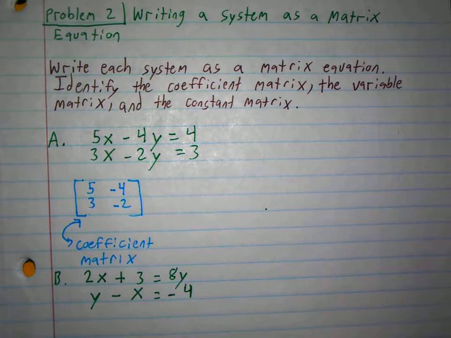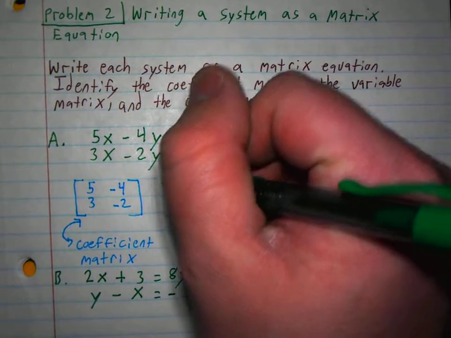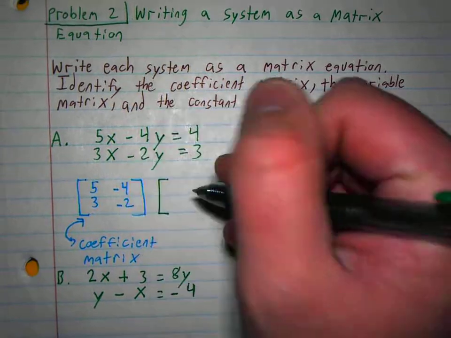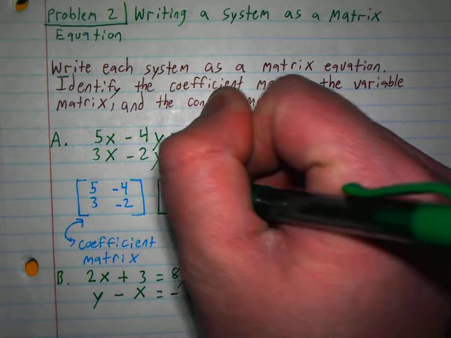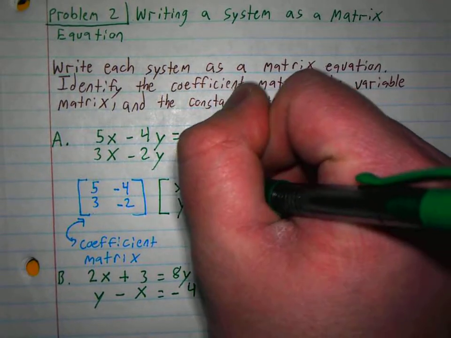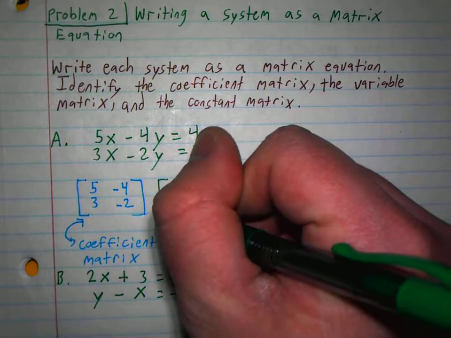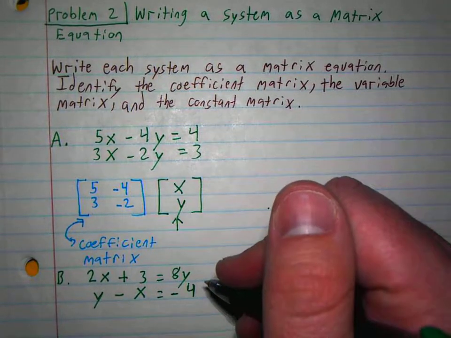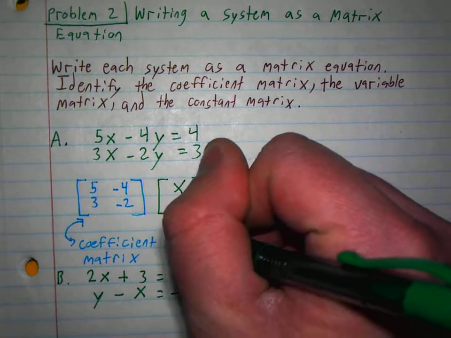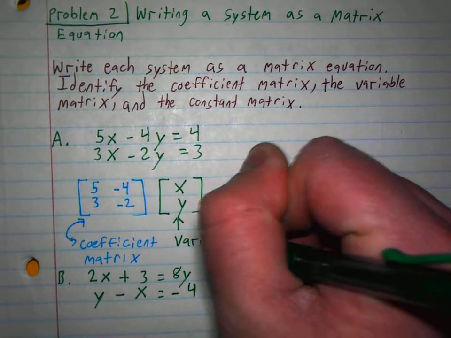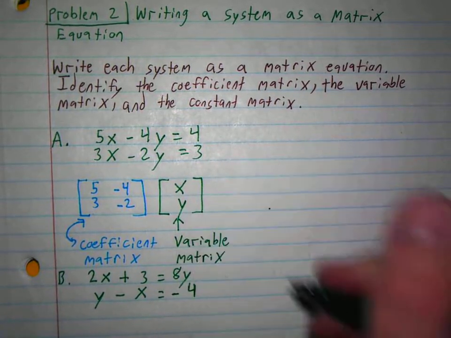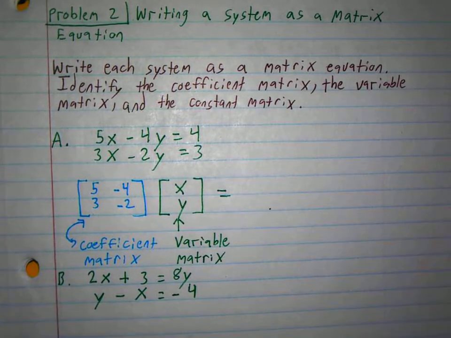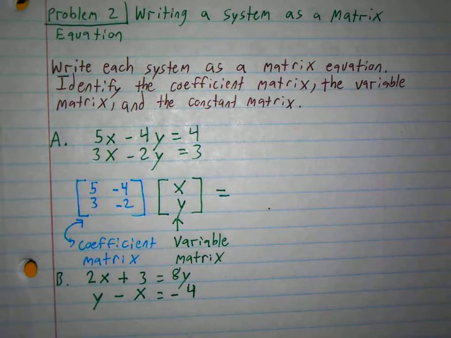Second, you're going to make the variable matrix. And our variables are x and y. So this is called a variable matrix. And then equals the numbers by itself. Those are called the constant matrix.